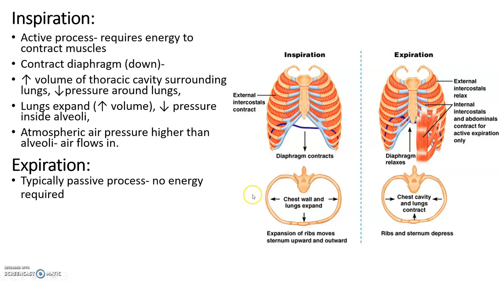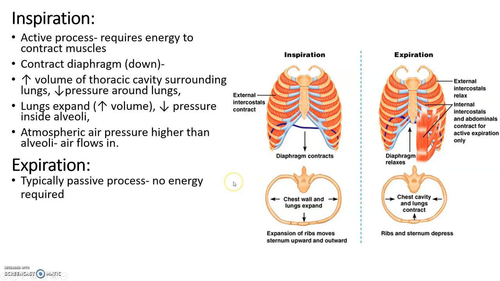And then the other side of that, what we call expiration, is not an active process. This is typically passive. It doesn't require energy. In fact, if we just stop flexing our diaphragm, then it goes back up as we relax, and the flexibility of our rib cage and the elasticity of the intercostal muscles just cause our thoracic cavity to get smaller.